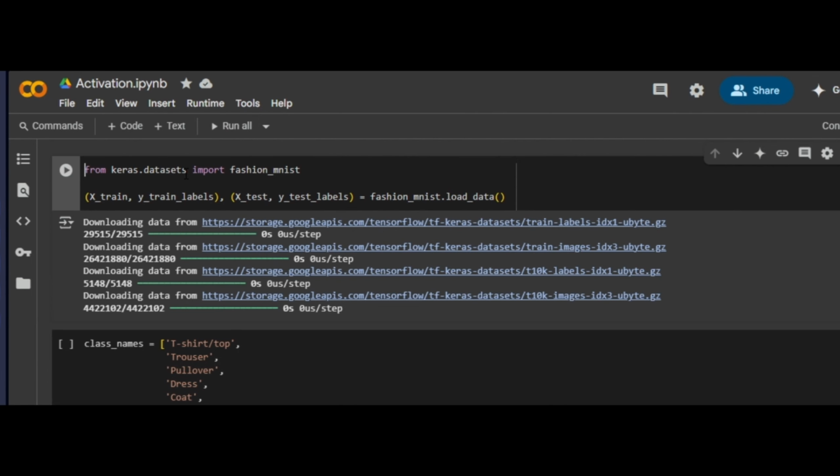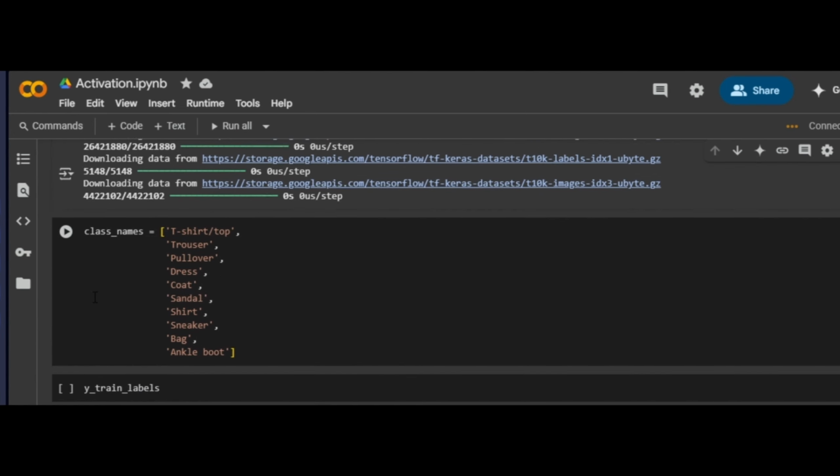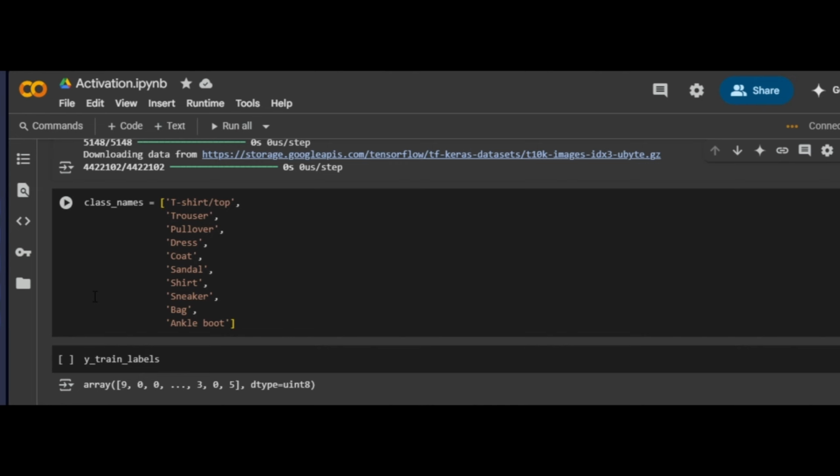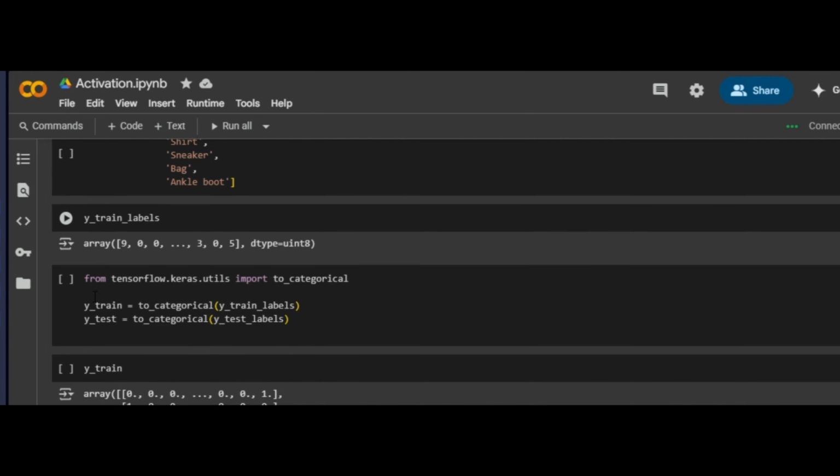The dataset we'll be using today is Fashion MNIST, a popular dataset of clothing images. We're loading it from Keras, and it gives us a training and testing set. Our target labels range from 0 to 9, representing 10 different clothing categories like t-shirts, trousers, sneakers, and so on. However, we need to convert these labels into binary vectors for classification.